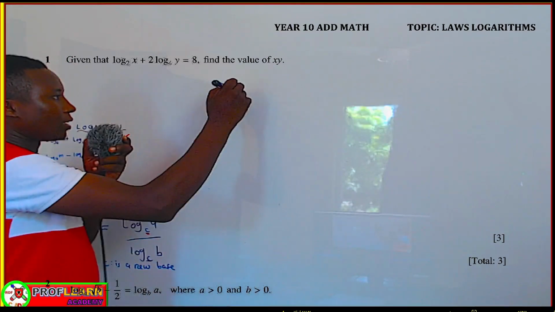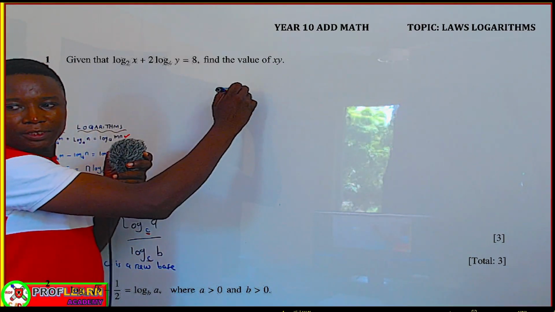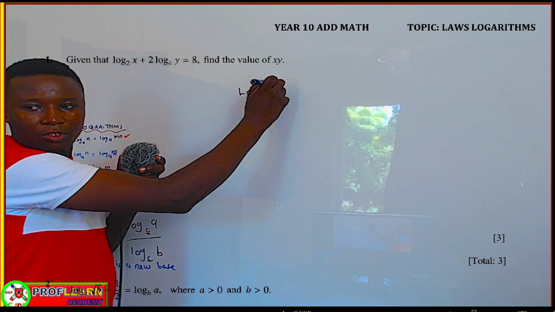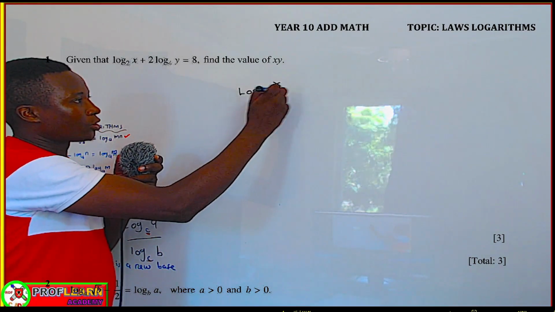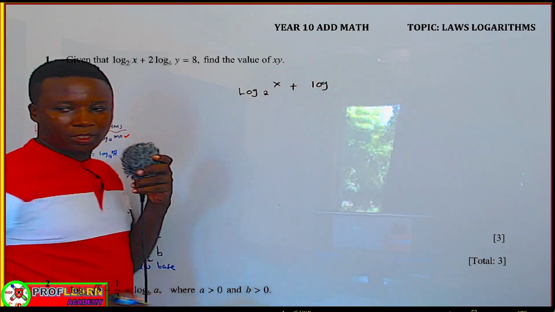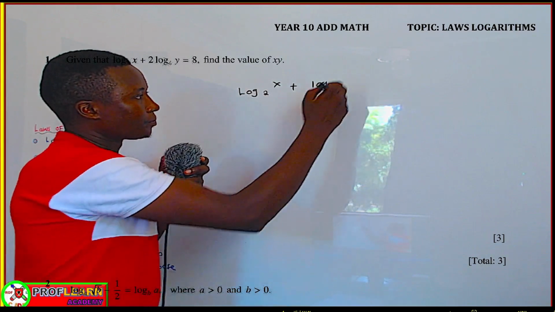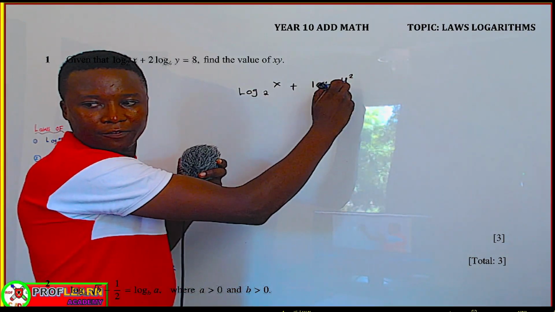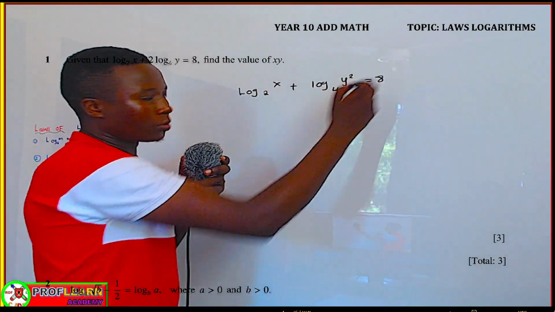So the question is, let me write it: log x base 2 plus log of y power 2 base 4 equals 8.